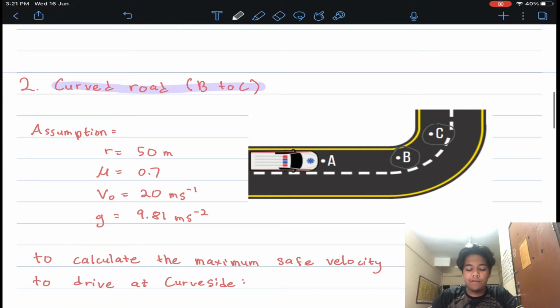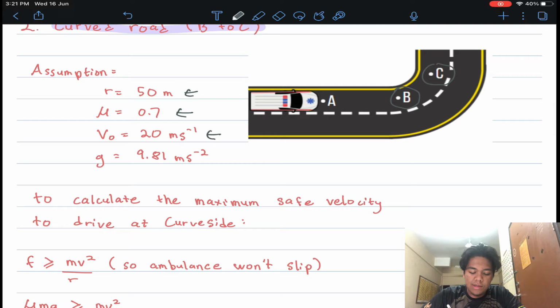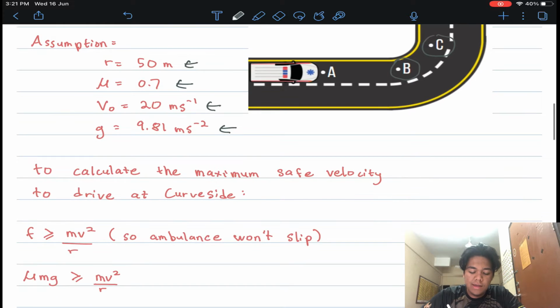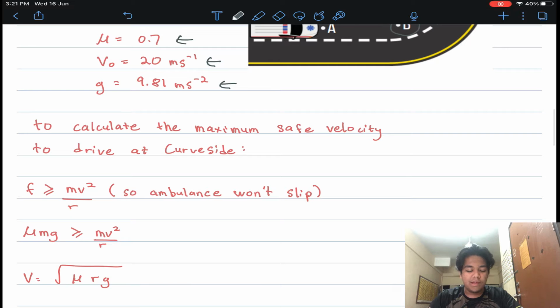So moving on to the second phase, which is the curve road. There's a little difference because there's a centrifugal acceleration. So we assume that the radius is 50 meter, mu 0.7, velocity using the answer before this, and the gravitational acceleration 9.81 meter per second squared.